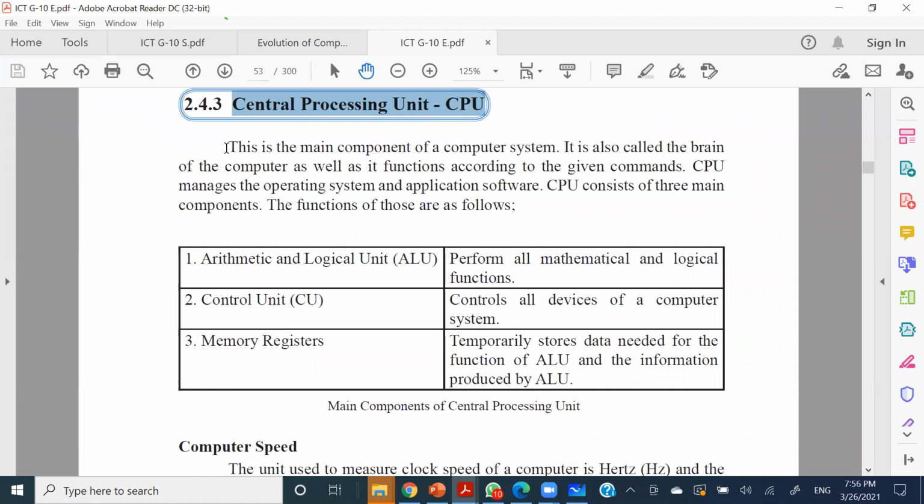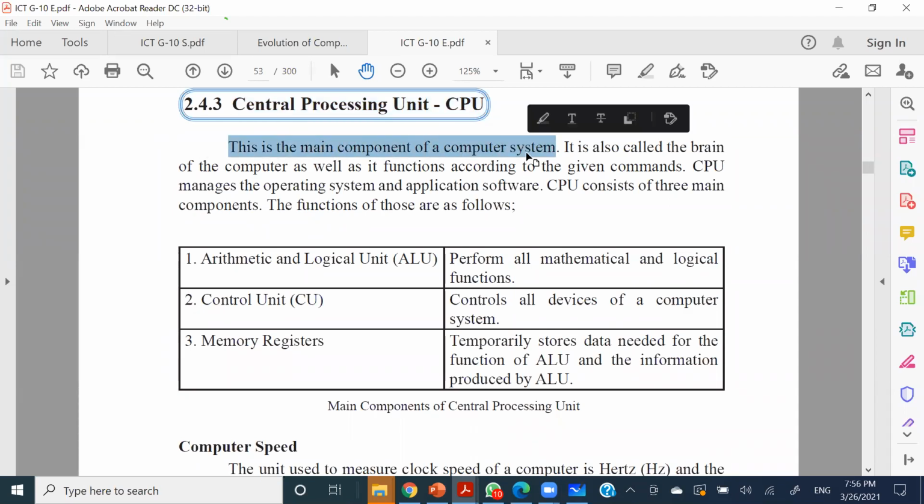And it's better you write the very first line regarding it. This is the main component of a computer system.